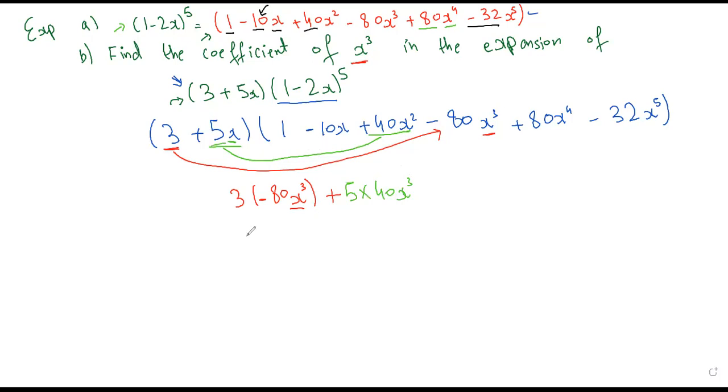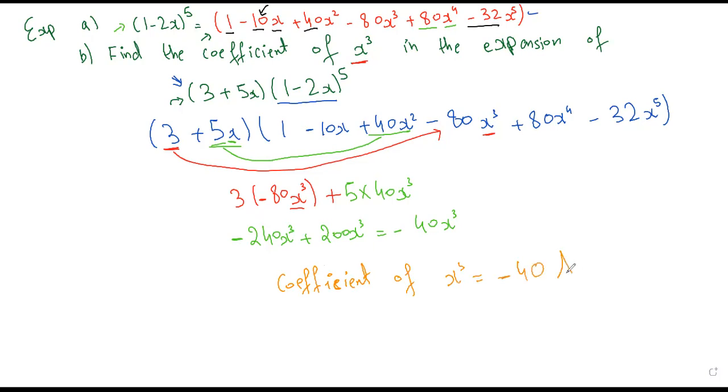So this would give me minus 240x cube plus 5 into 40 is 200x cube, and the answer is minus 40x cube. Once we have added these, we are getting minus 40. So the coefficient of x cube is minus 40, right? This is the answer.